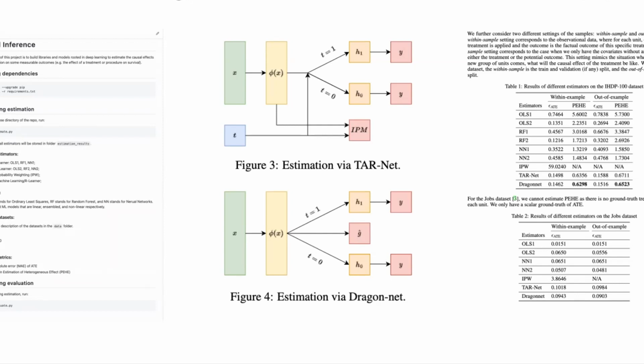But from this architecture, we can see that it can use all the samples in the data set and first learn an embedding, and then based on the treatment, which is 0 or 1, push it into a different branch, and then use a complicated loss function to make it a good estimator.